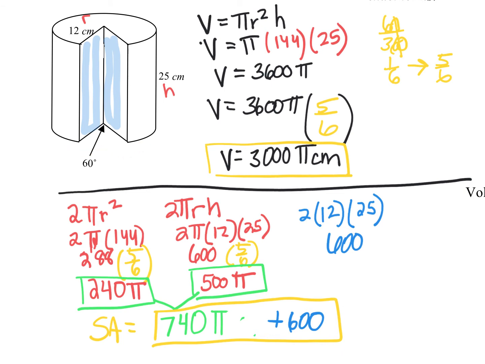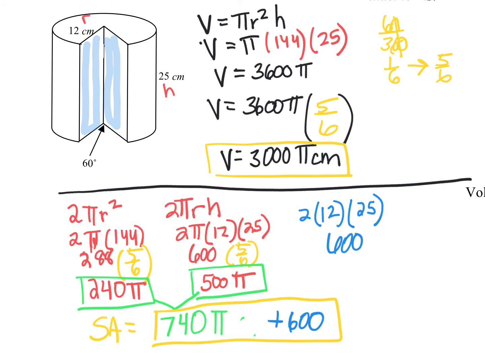Okay, now we need the part that goes around, and so I said that that is the circumference, 2 pi r times the height. So substituting in 2 pi, our r is 12, our height is 25. That gives me 600. But once again, we have that wedge that is cut out, and the wedge is 1/6, so that means what's left is 5/6.